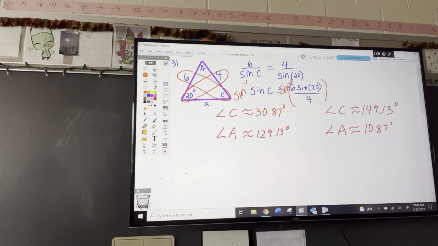Last thing we need to do is find the side A. So I'm going to do A over the sine of A, and 4 over the sine of 20 degrees. Why not? And then here, A over the sine of A equals 4 over the sine of 20.